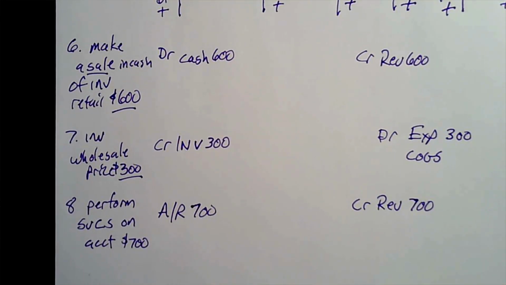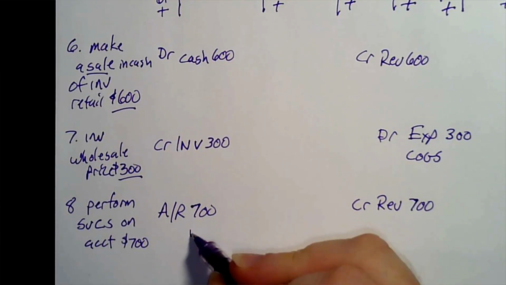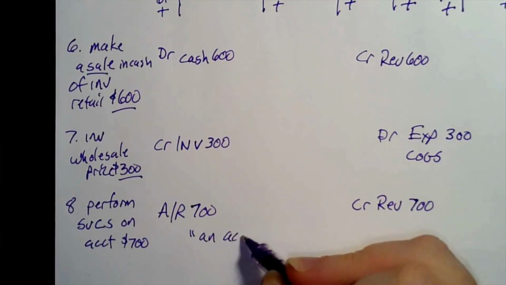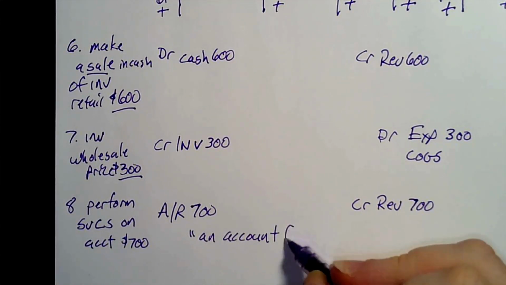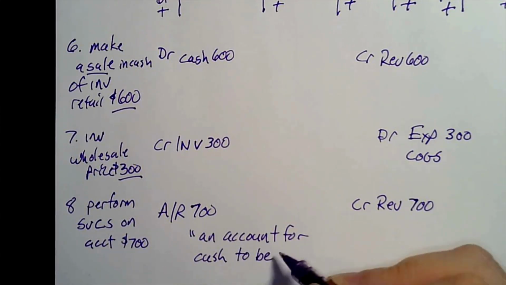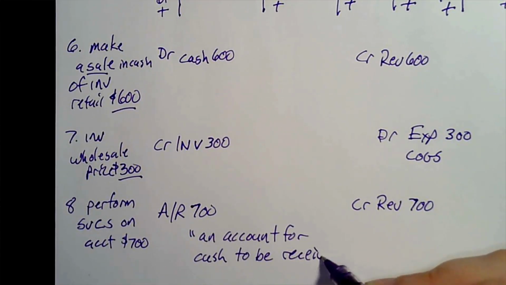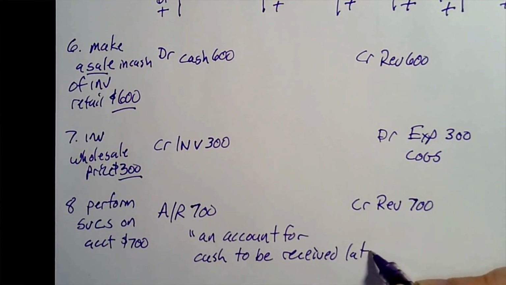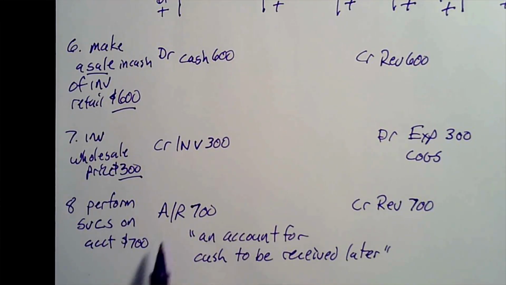So if an accounts payable is an account for cash to be paid later, an accounts receivable is an account for cash to be received later. AR. And this is going to be a debit because it's an increase of an IOU. It's an increase of an asset. So my debits and my credits equal.